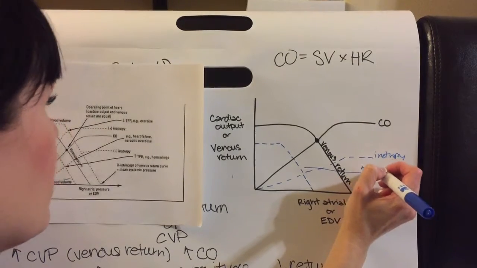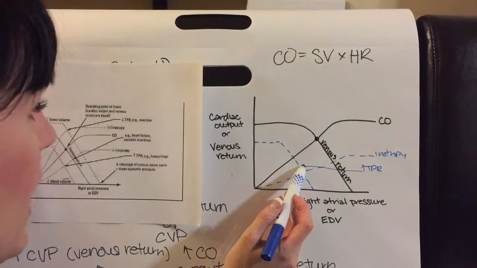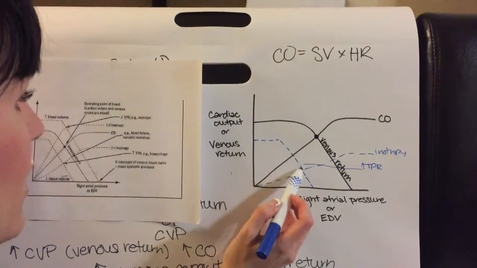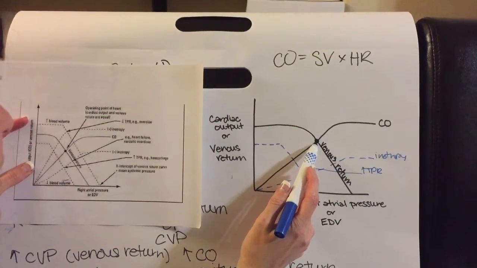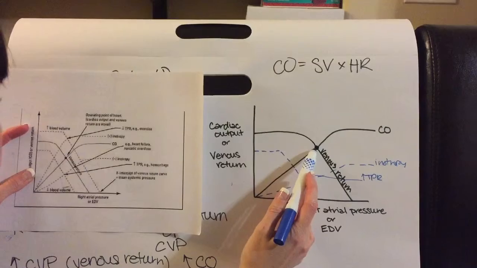By increasing your total peripheral resistance, you contract, sending more volume back to the heart, which will help bring your cardiac output back to an equal state.